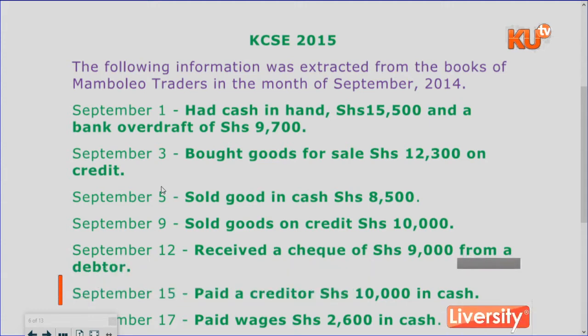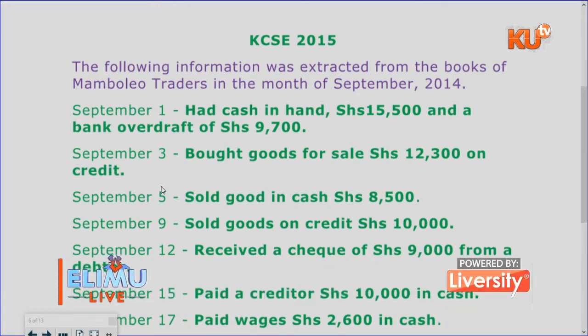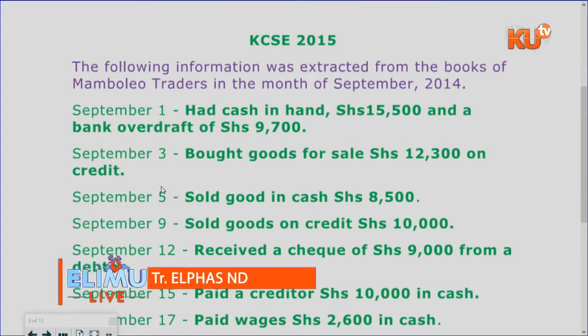9,700. September 3, bought goods for sale 12,300 on credit. September 5, sold goods in cash 8,500. That is September 9, sold goods on credit 10,000.